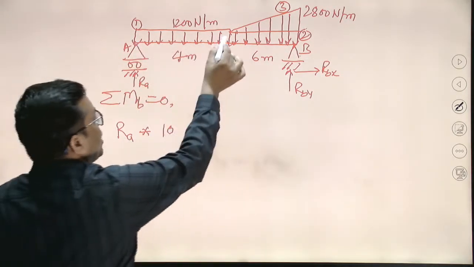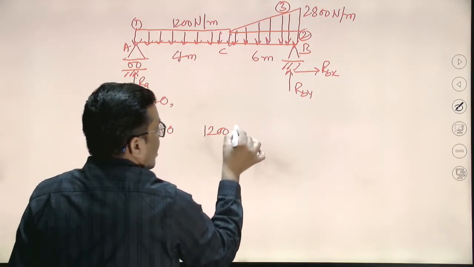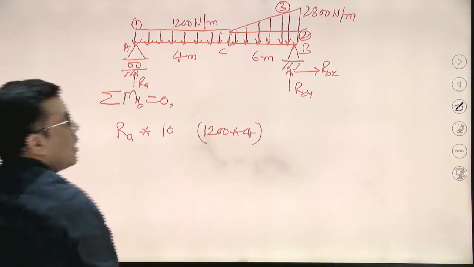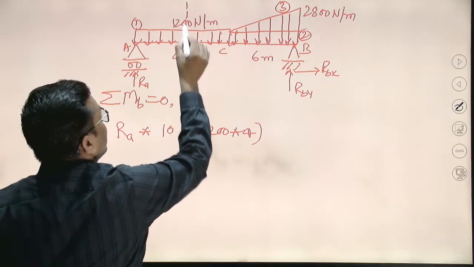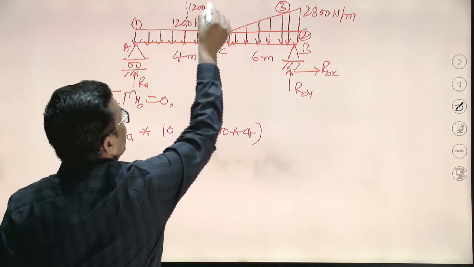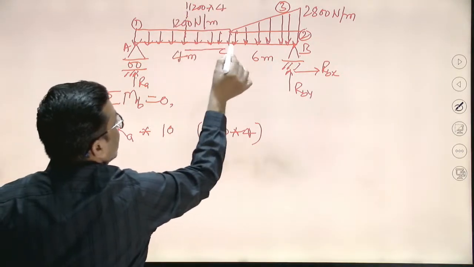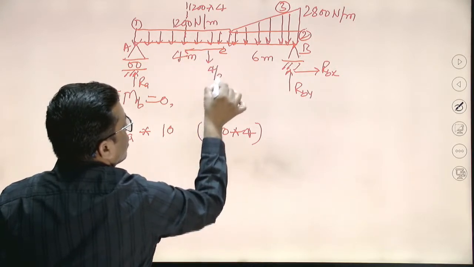Now I am coming to the UDL. UDL is how much? It is 1200 into 4. Where will it act? It will be at the midpoint. So this distance will be 4 by 2.